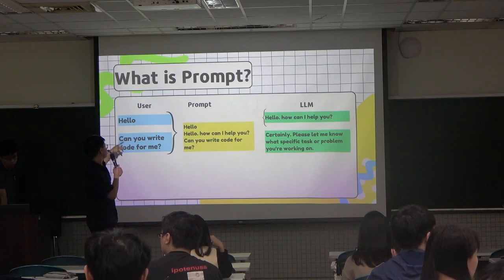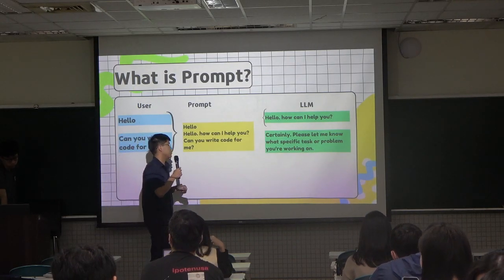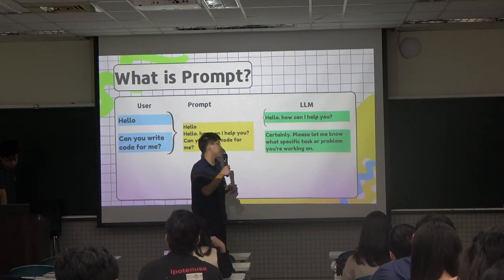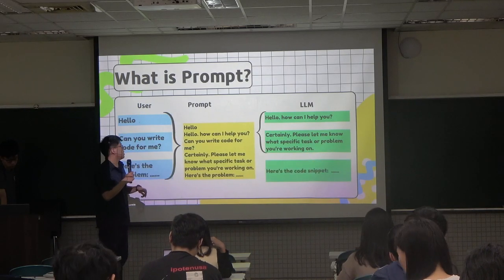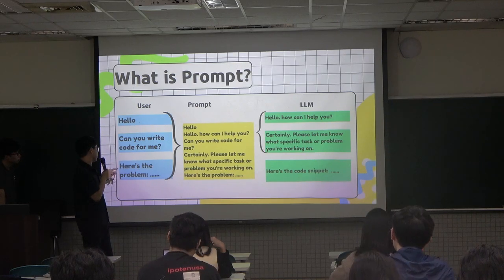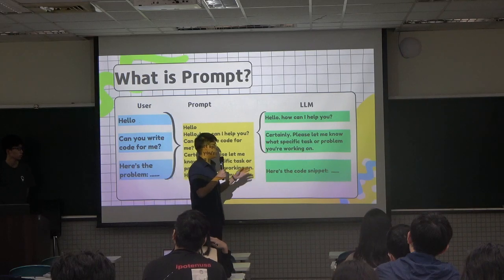Then the user asks again, can you write code for me? And the large language model responds with, certainly, please let me know what specific task or problem you are working on. At last, the user says, here's the problem, blah, blah, blah, and the large language model responds with it.